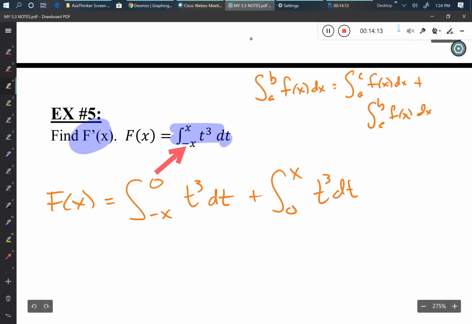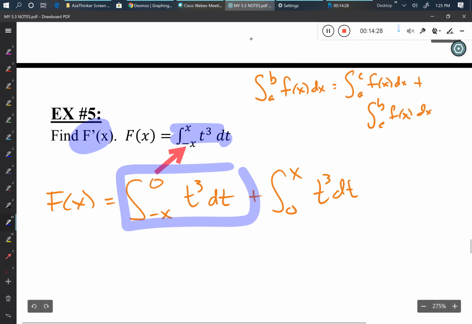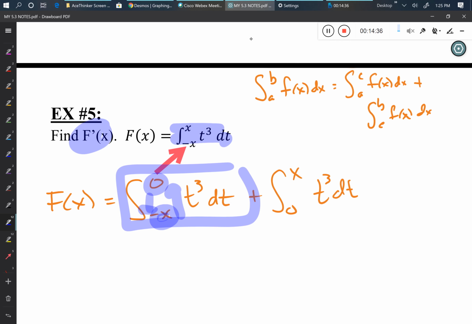How's that sound? Does that look good? Well, I'm happy with this one. I can do that one, but I'm terribly unhappy with this one, because this needs to be the lower limit and this needs to be the upper limit. So how do I switch my limits of integration? Well, there's a property.